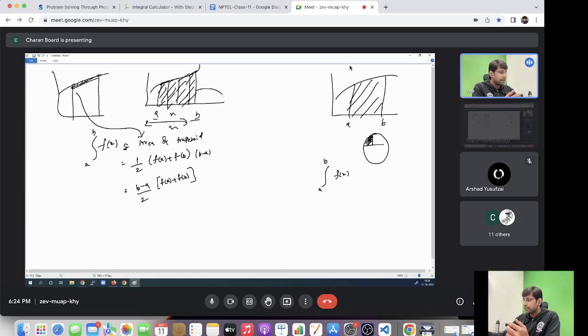If you want to calculate by dividing it into multiple trapezoids, then this limit will be coming 2 times, this side will be calculated 2 times, right?